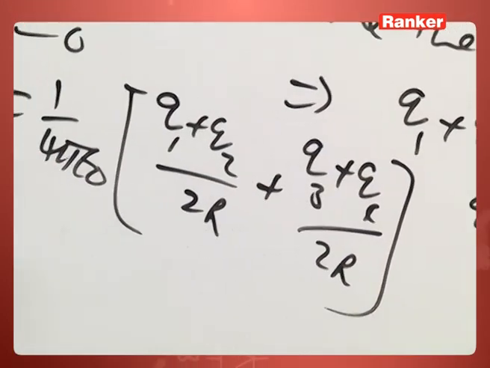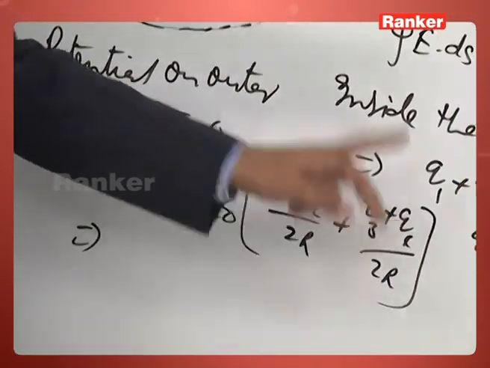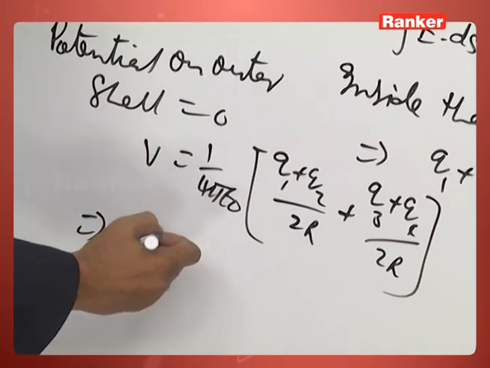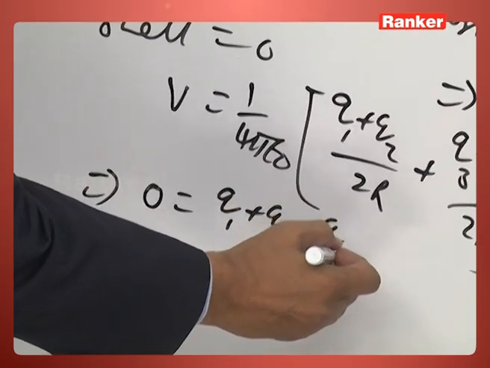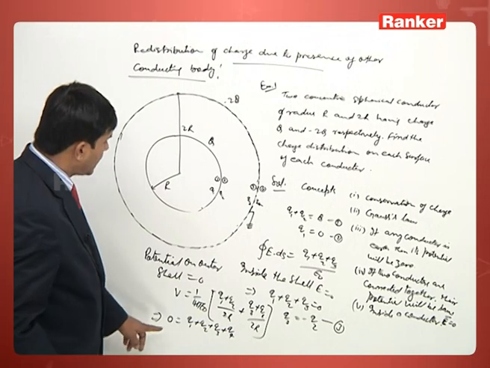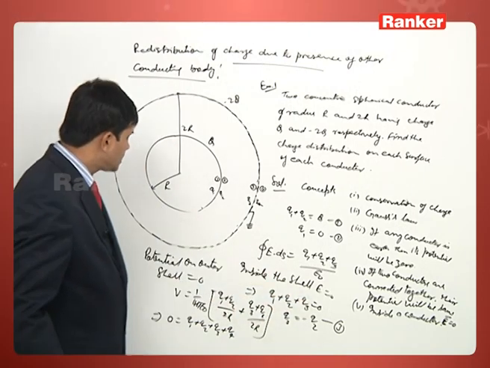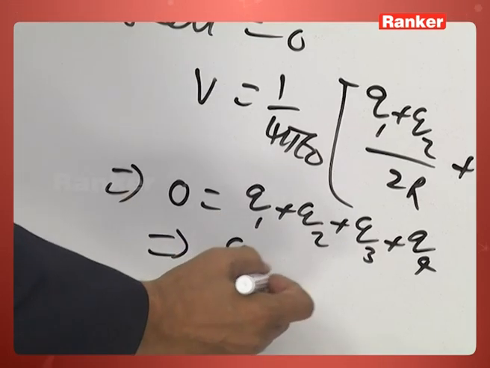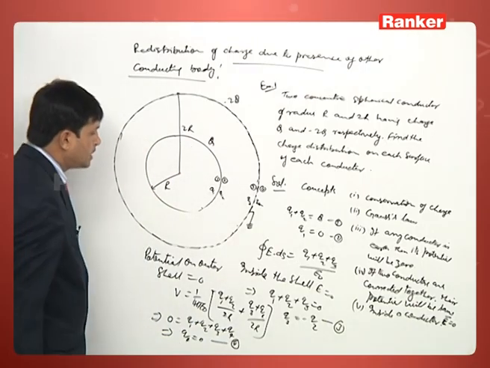So we get the equation Q1 plus Q2 plus Q3 plus Q4 is equal to 0. So V is 0, Q1 plus Q2 plus Q3 plus Q4 is equal to 0, and as we have found Q1 plus Q2 plus Q3 is equal to 0, that gives us Q4 is equal to 0. This is your fourth value.